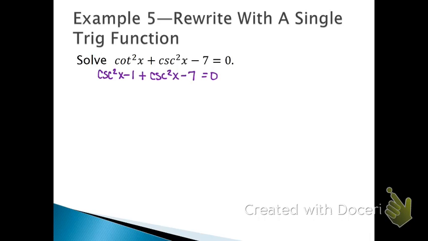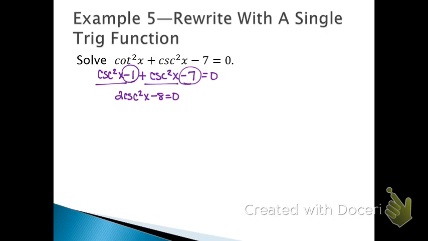What can we do now? Add the 7 and 1. Good. Combine like terms. So we got cosecant squared plus cosecant squared, which is 2 cosecant squared, and then we got negative 1 minus 7, which is negative 8, equals 0.